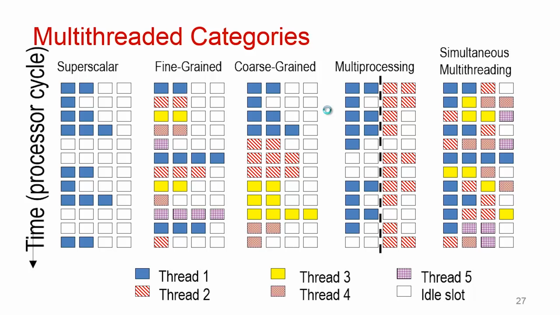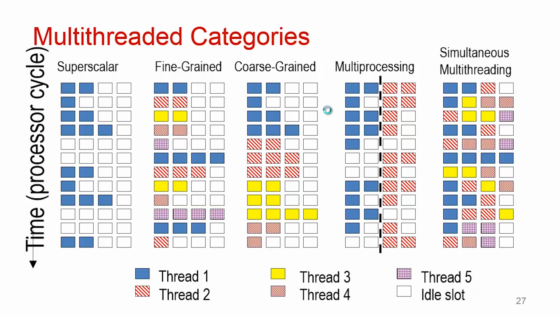Second clock cycle, the ones from the red thread. The next clock cycle you have a yellow thread, next a brown thread, so on and so forth, and this is done in a round robin fashion. You have 5 threads of execution shown, being issued in a round robin fashion. That is fine-grained multithreading.